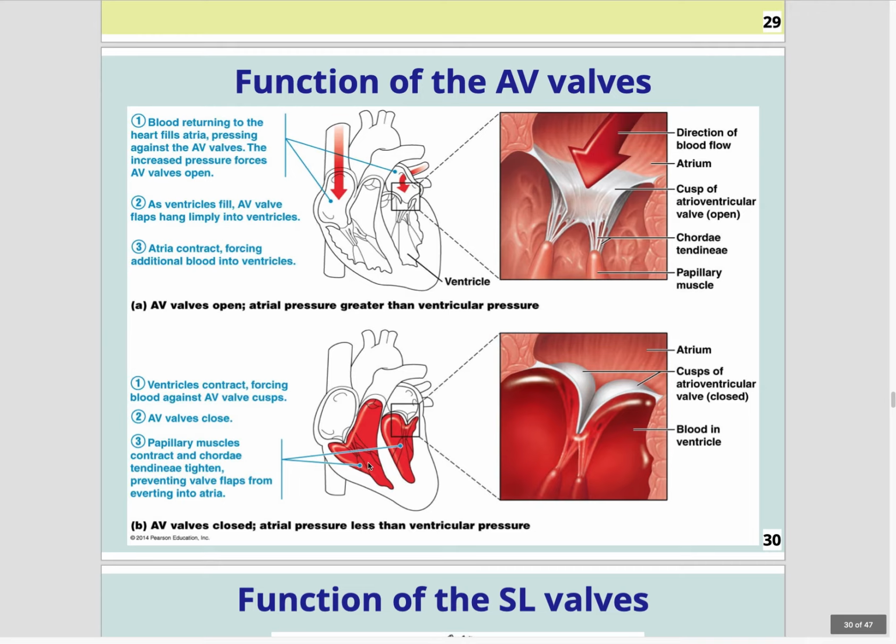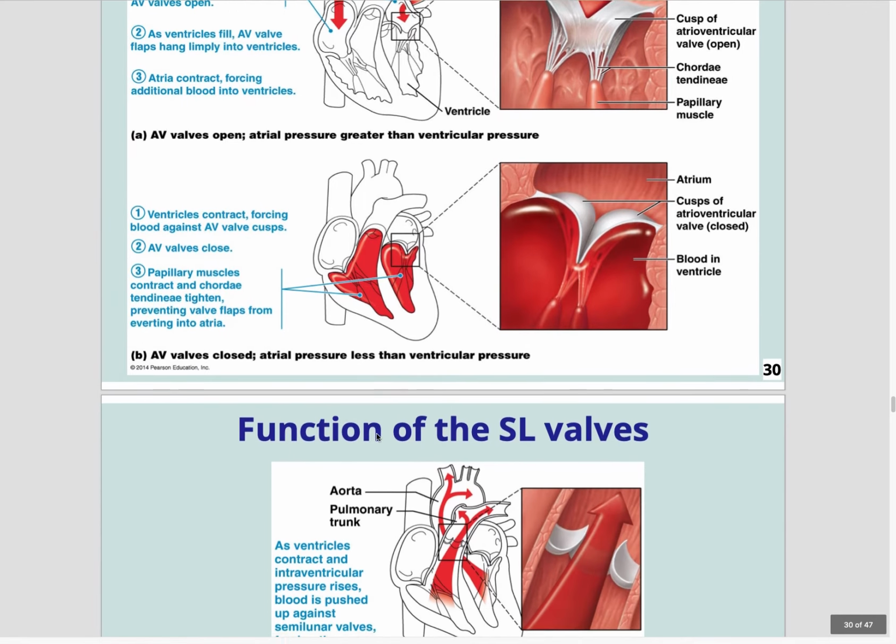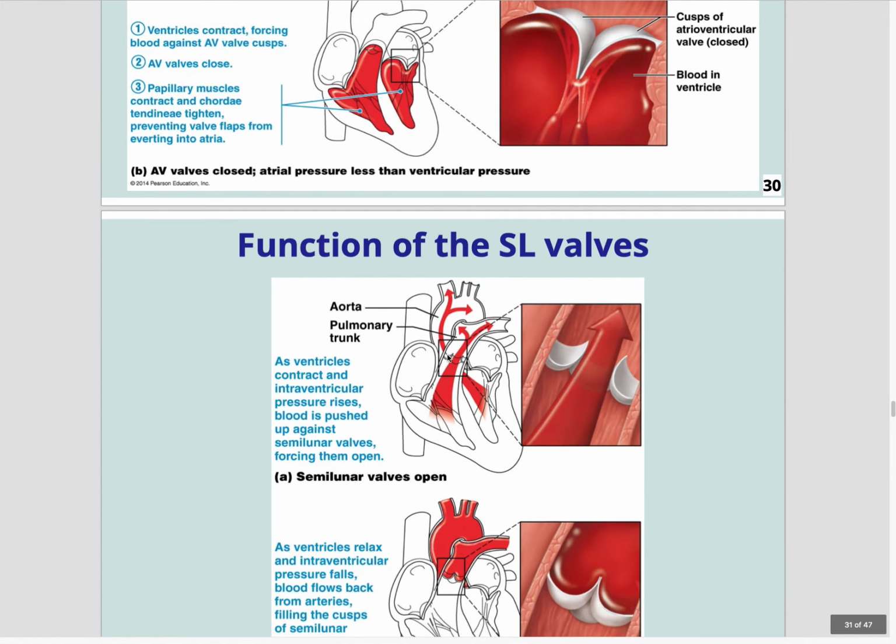It rises up to a point where the pressure inside the ventricles now exceeds the pressure in the aorta and in the pulmonary trunk. At this point, the aortic valve and the pulmonic or pulmonary valve will open up, ejecting blood into the aorta and into the pulmonary trunk, respectively.